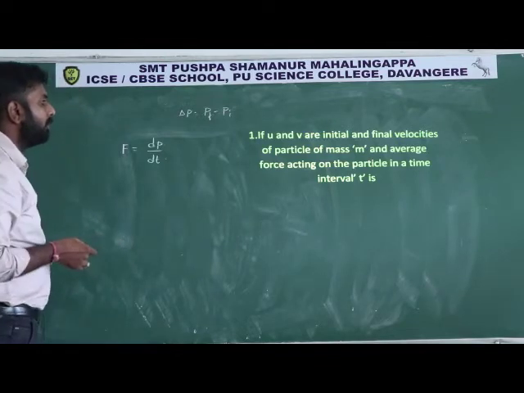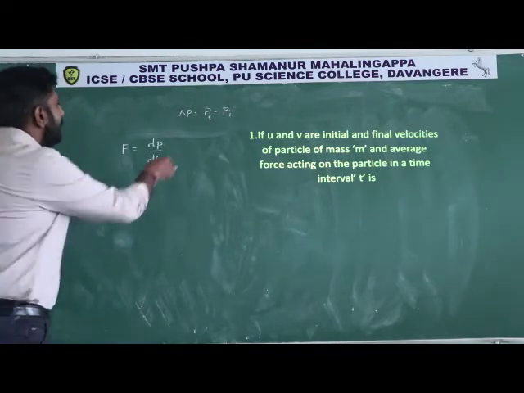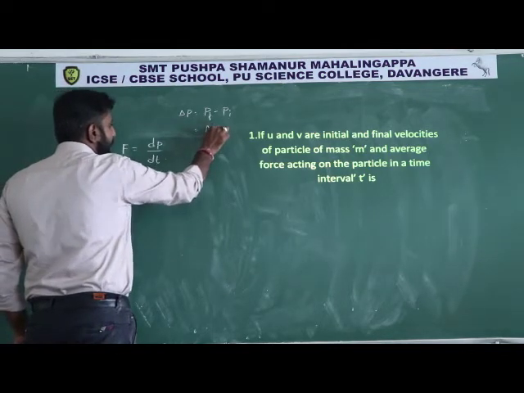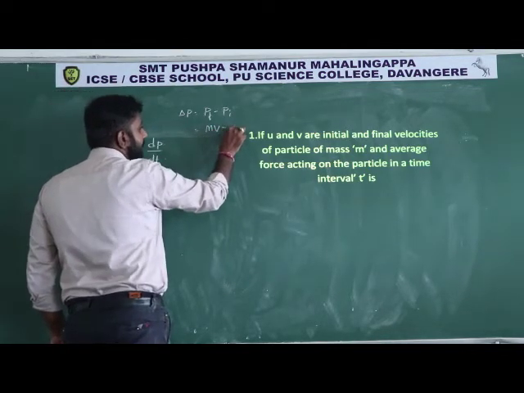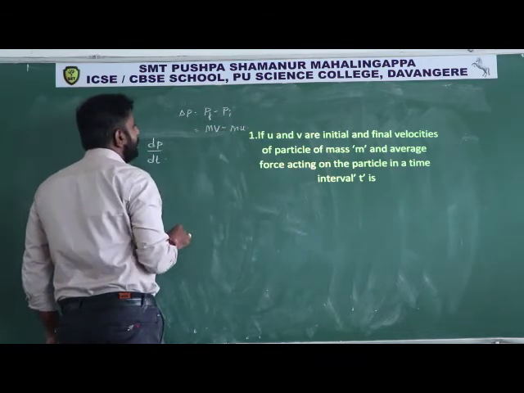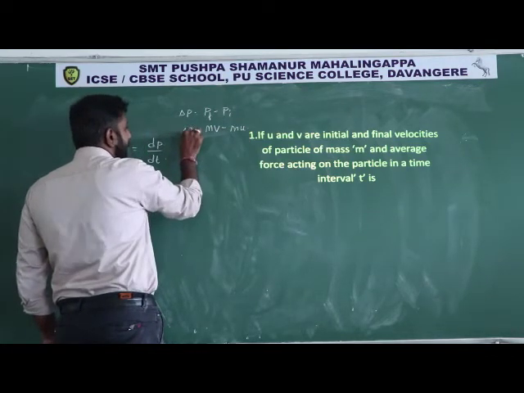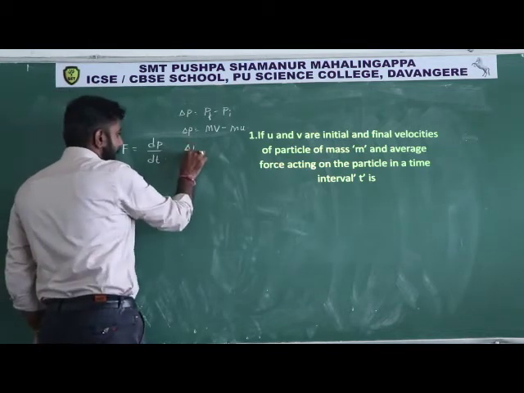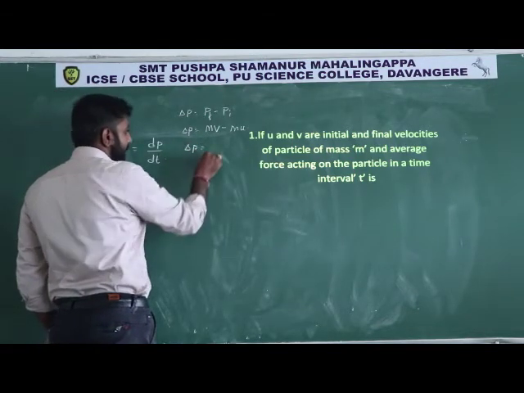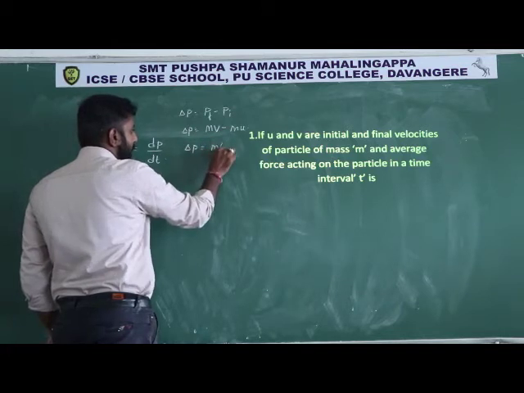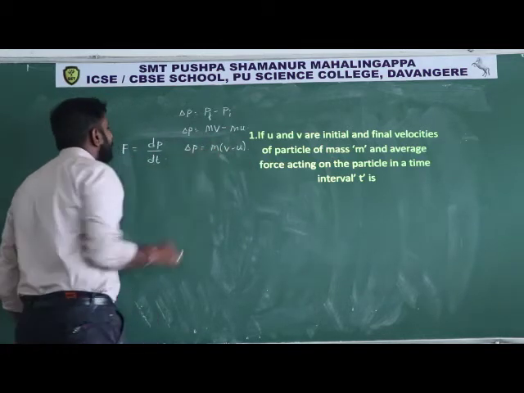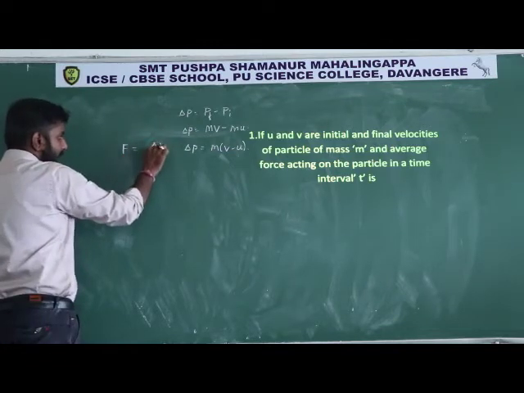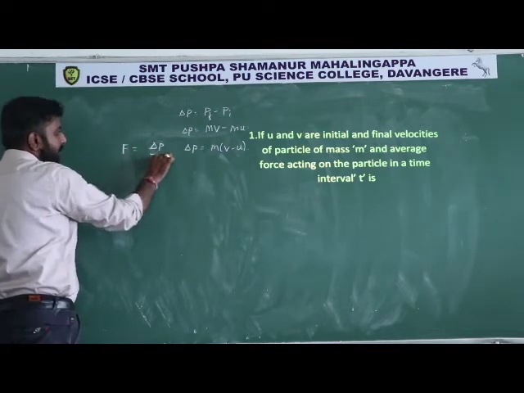So what we have to calculate here: final momentum, that is nothing but mv, minus initial momentum mu. So delta p is equals to m into v minus u. Here I wrote dp by dt, but you can consider delta p by delta t.